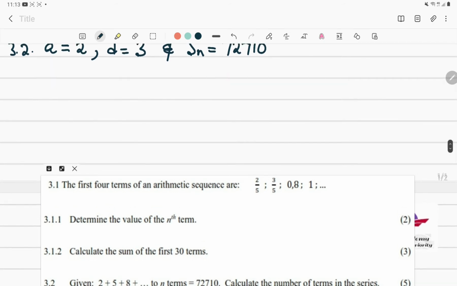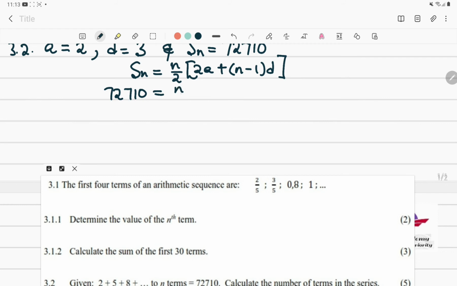So we can use the sum formula once again here. The sum formula will be n over 2 times (2a plus (n minus 1)d). Then we substitute: where there's Sn, we replace by 72,710.